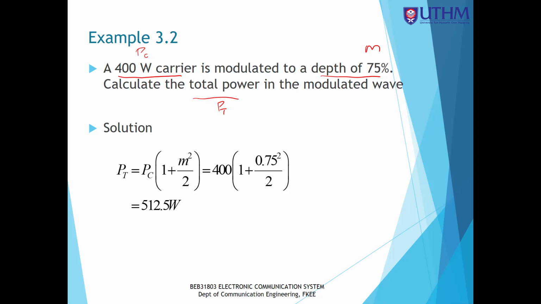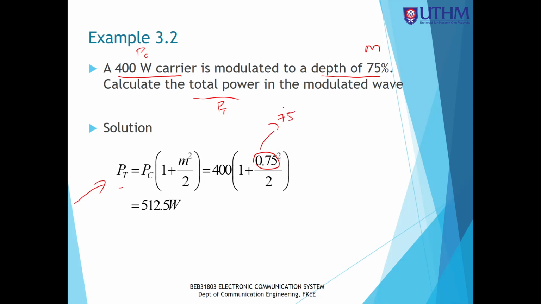Okay. So since this is a double sideband full carrier example, we can use this equation, P total equal to PC plus M square over 2. So 400 plus 0.75 square over 2. Remember, this is the absolute value. Don't put 75.